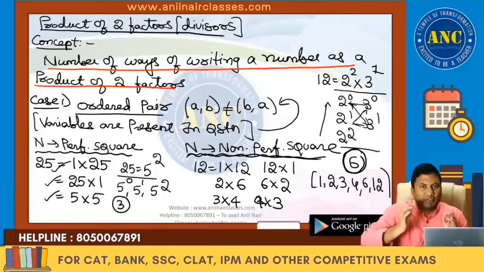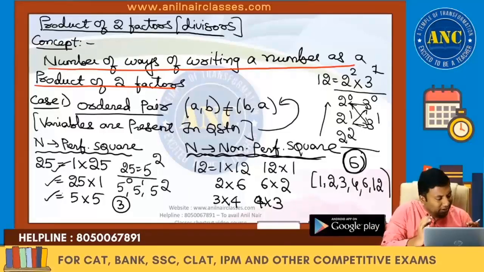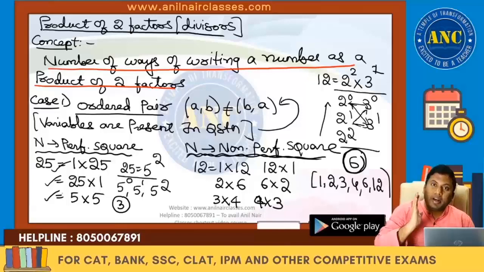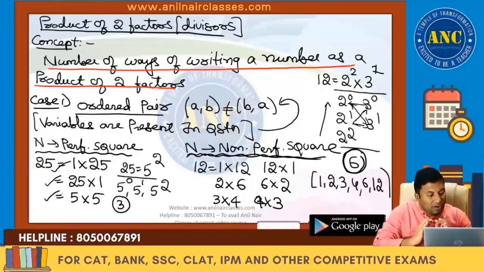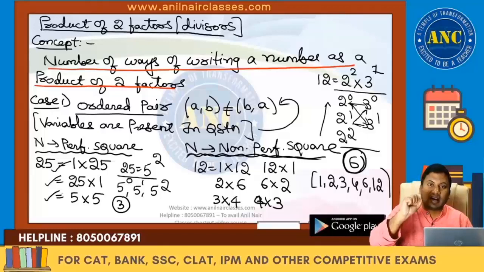If you observe in this question, in an ordered pair, whether I take a perfect square or a non-perfect square, the number of ways of writing a number as a product of two factors is always equal to the number of factors. For 25, the number of factors is 3: 5 power 0, 5 power 1, 5 power 2, and I got exactly 3 ways.